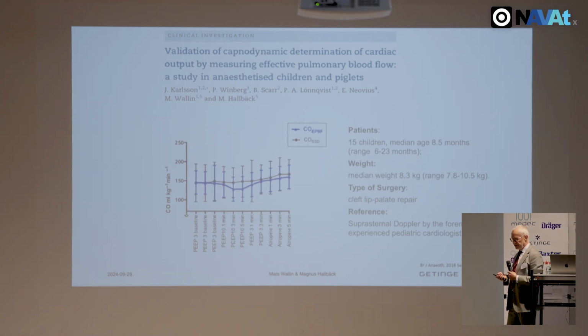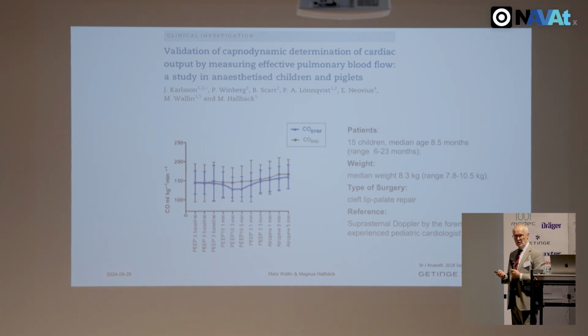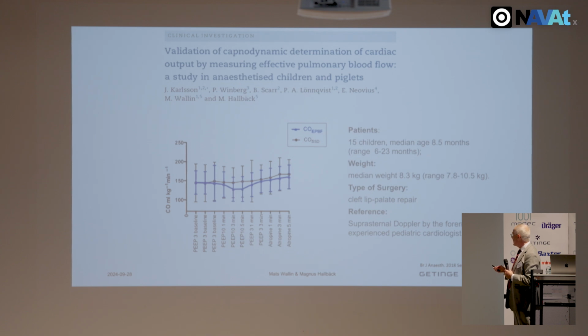So we took the most experienced pediatric cardiologist, who was doing suprasternal Doppler on the kids, and he was blinded to the result from the capnodynamic method. When we analyzed the data, we saw a drop during the PEEP step from the capnodynamic method, but we couldn't find it in the suprasternal Doppler, which was a little bit surprising and also a little bit troublesome.